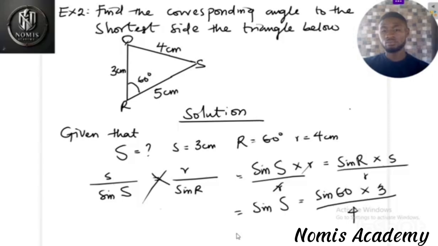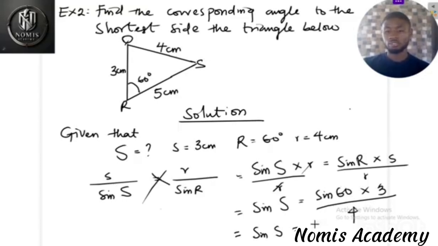So that will give us sine capital letter S is equal to sine 60. Sine 60 is equal to 0.87.